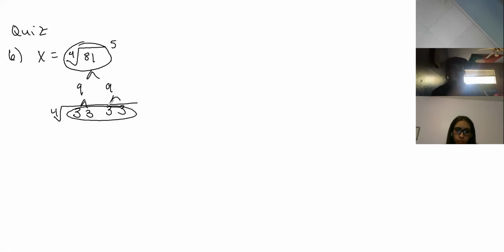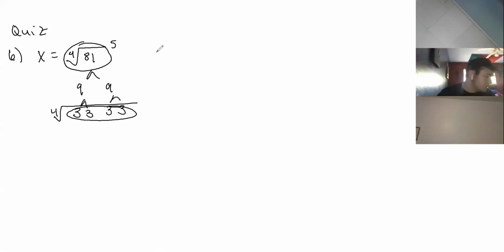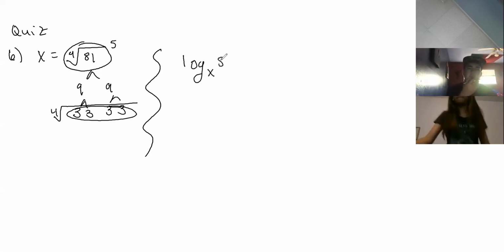Wait, wouldn't it be the 5th root? Why would it be the 5th root? Because of the way it was originally written. It was log base x of 81 equals 4/5.